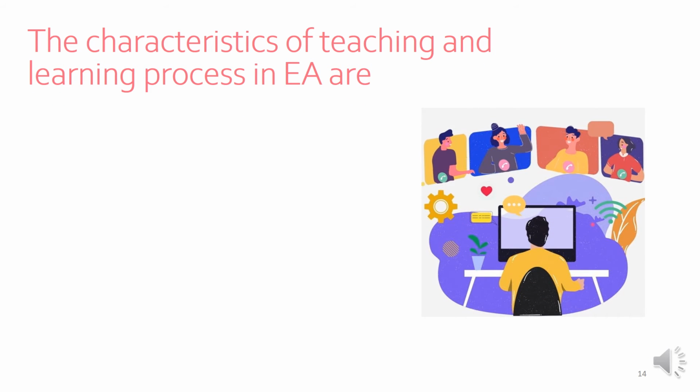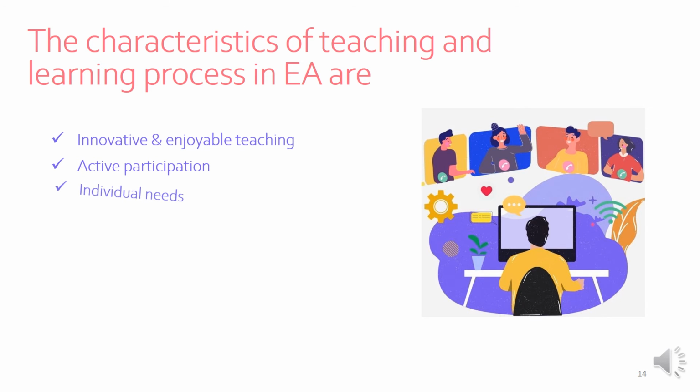The techniques of the teaching and learning process in EA are innovative and enjoyable teaching. That means the teacher innovates new methods or a new system and makes the students enjoy the teaching and learning process. Active participation: both the student and the teacher are active participants. Also individual needs, that means I take care of the individual needs of the student.